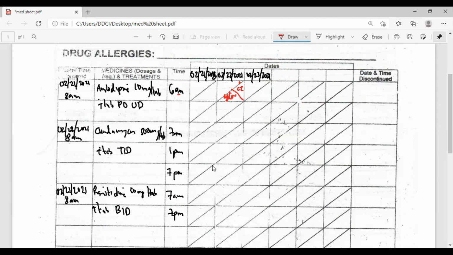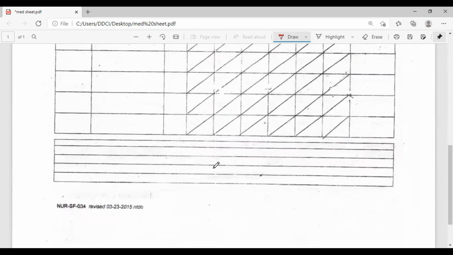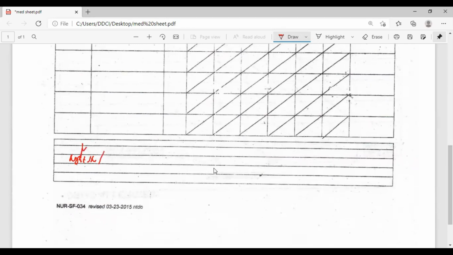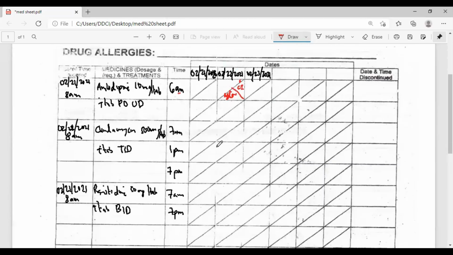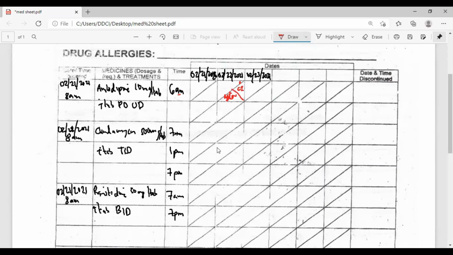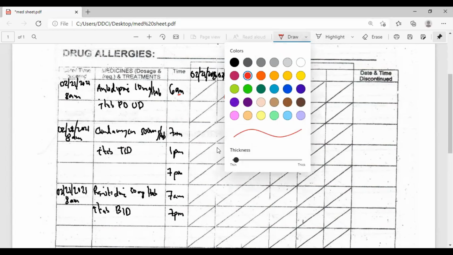Okay. So what you're going to do below, you're going to write your name. So night SN, then signature and countersigned by the clinical instructor. Okay. Then another one, for example, in the morning shift of 2021, the patient was able to get the medication.